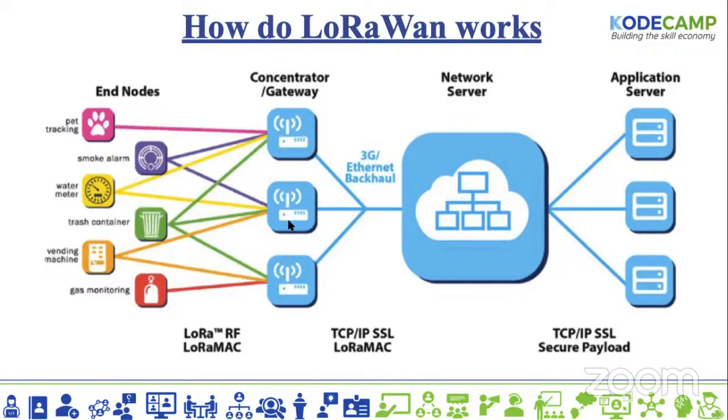So it's connected to the network server via a standard IP connection. Now this relays messages between the central server backend and the end device using a simple single-hop wireless communication protocol.